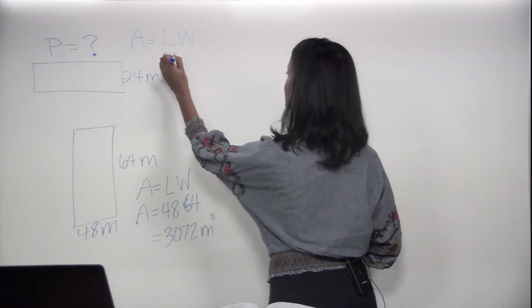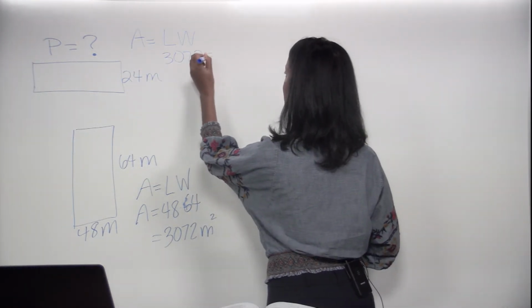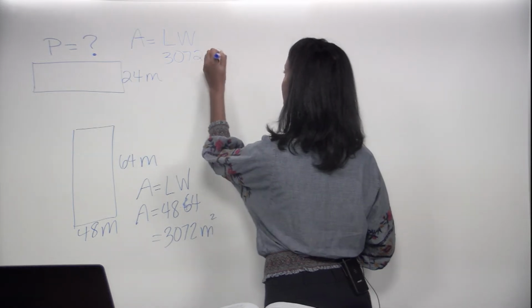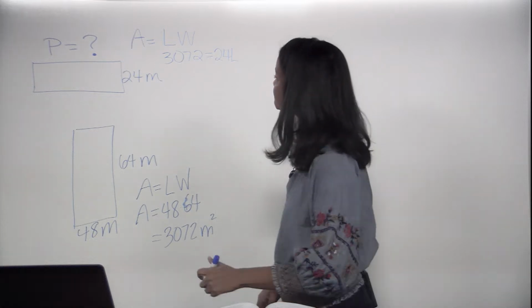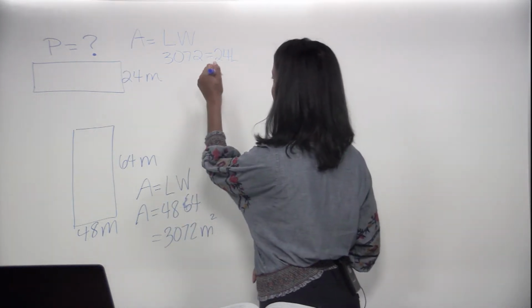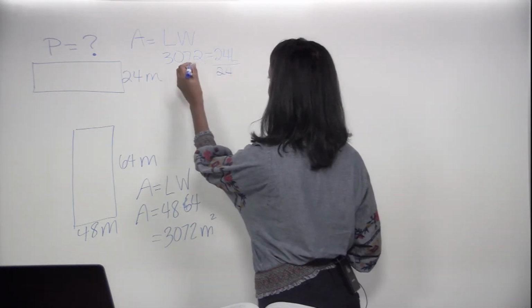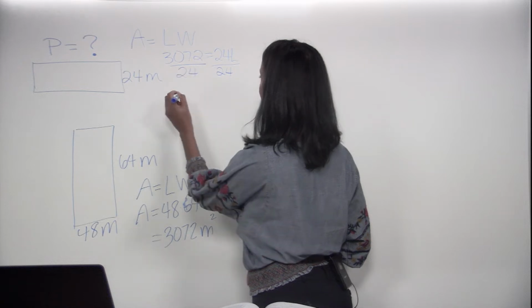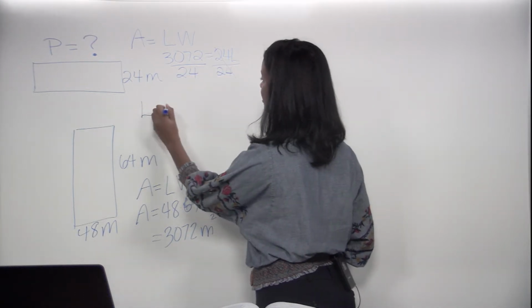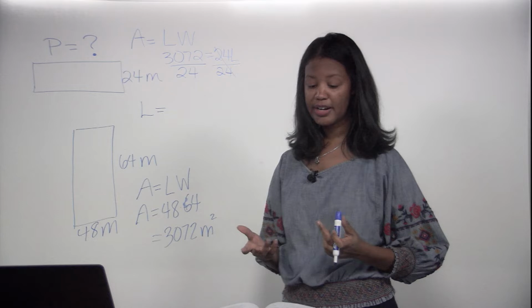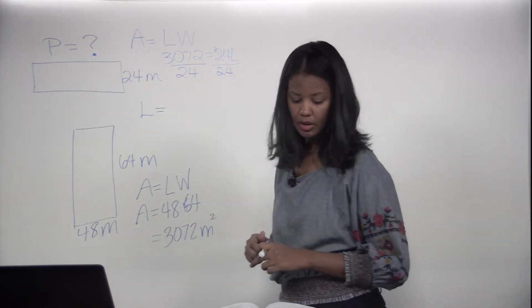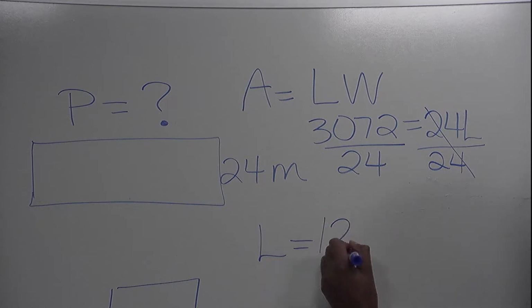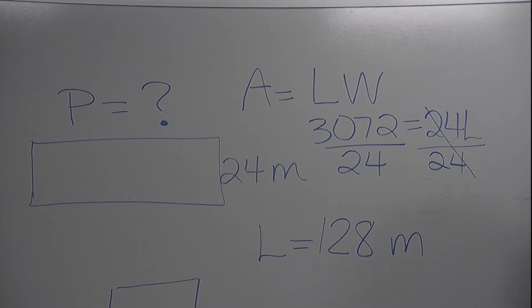So 3,072 is 24 times the length. Okay, so now to find the length, we simply divide by 24, and doing that calculation on your calculator should give you 128 meters for the length.